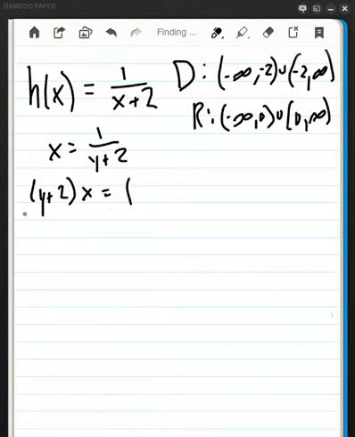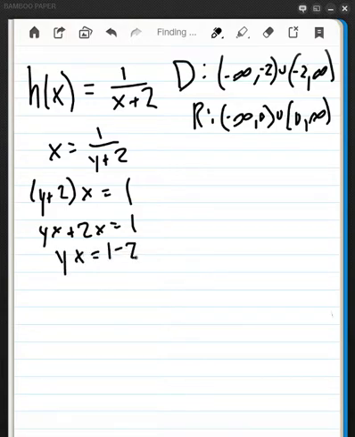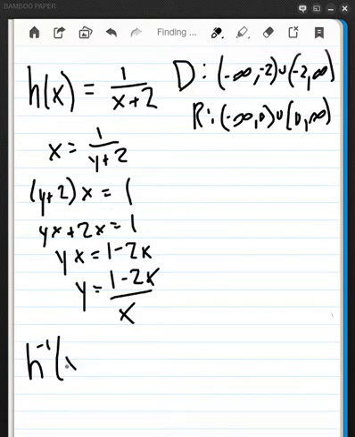We need to isolate y, so we need to get it out of the parentheses, so let's distribute that x. Yx plus 2x is equal to 1, and now we can start isolating y, subtract 2x from both sides, and then divide by x. So 1 minus 2x over x is equal to y. Alright, there's our inverse function. The inverse of h is equal to 1 minus 2x over x.